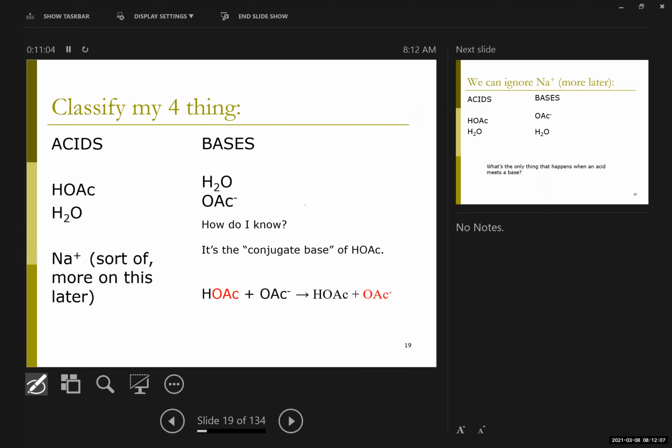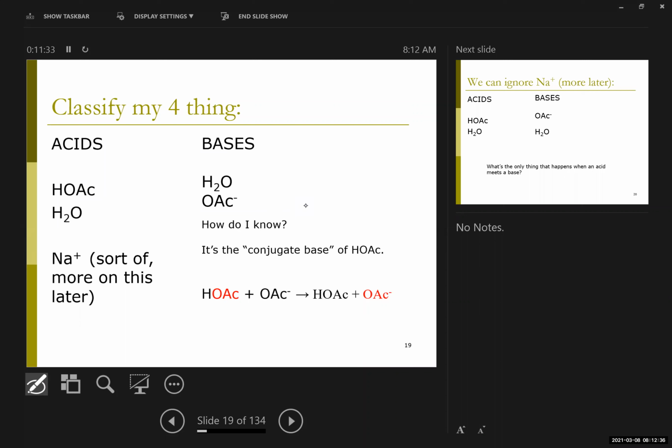Acetic acid, of course, by name, is an acid. Sodium, you'll love this, we'll talk more about this later in the week. Technically, sodium ion is an acid. For now, I will let that simply settle in and blow your mind a little bit. But in the context here, it's really more of a spectator, so we'll ignore it for now.